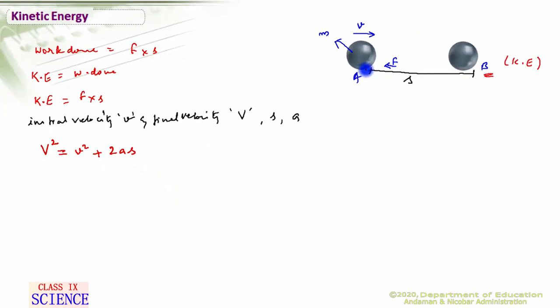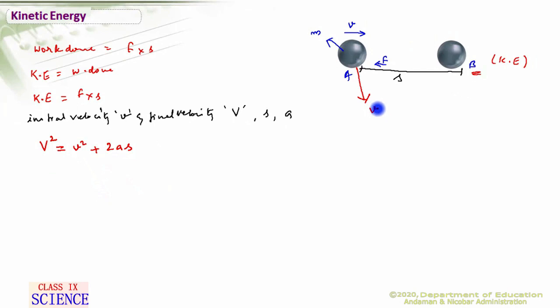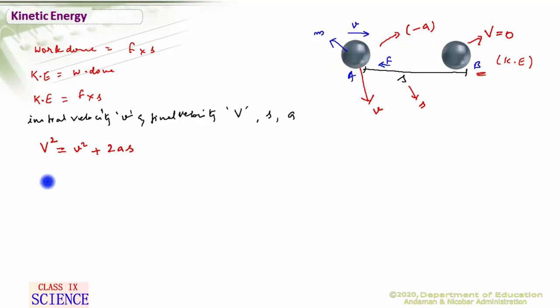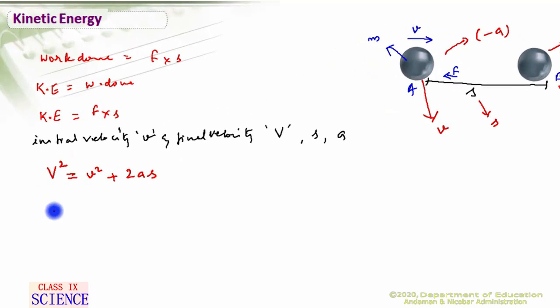Since in our case the initial velocity is small v and the final velocity is 0, that is capital V is 0, and it has the displacement s, and the acceleration of the ball will be minus a. Substituting these values in our equation, we will get V is here 0, right?